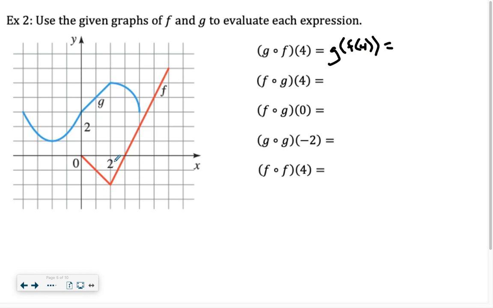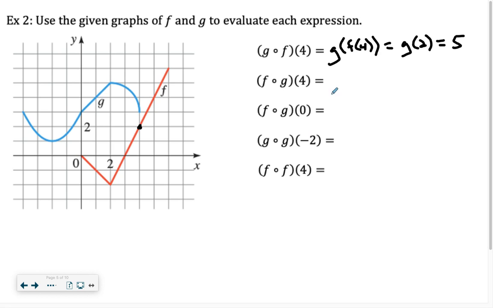Well, here is where the x value is 4. So f of 4 is equal to 2. So this just means I'm evaluating g of 2. So g of 2 then, if I go to where x is 2, g is equal to 5.